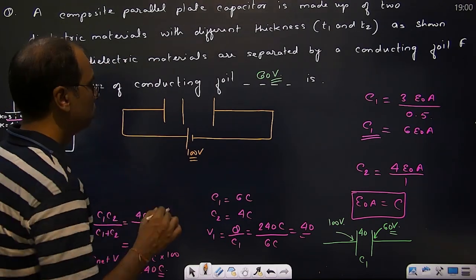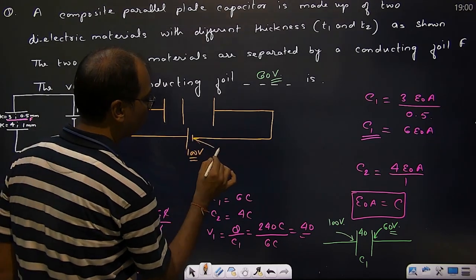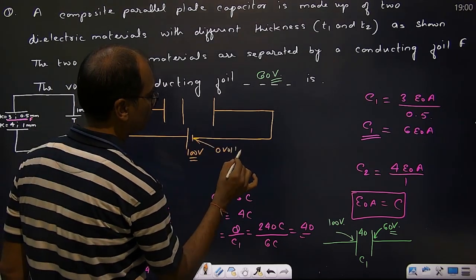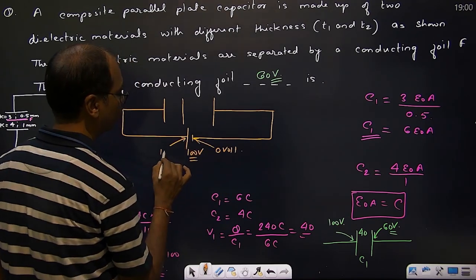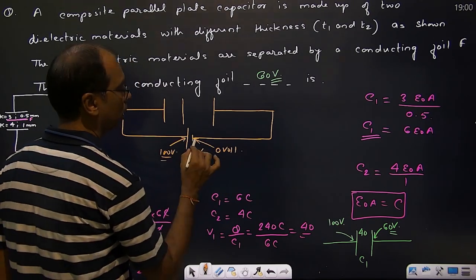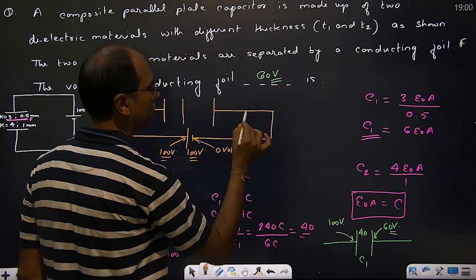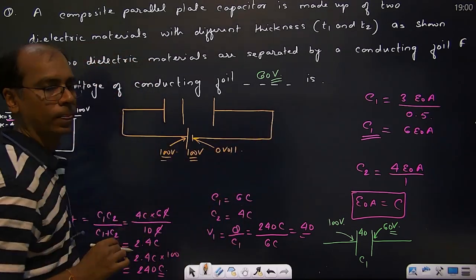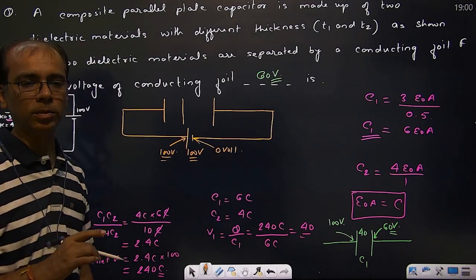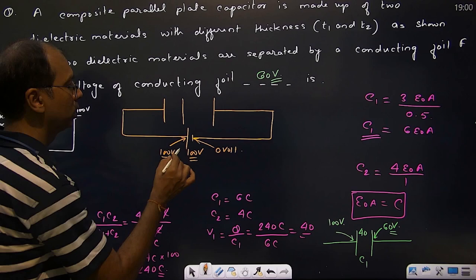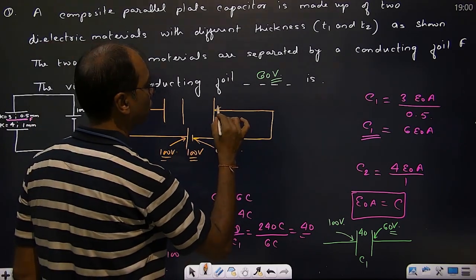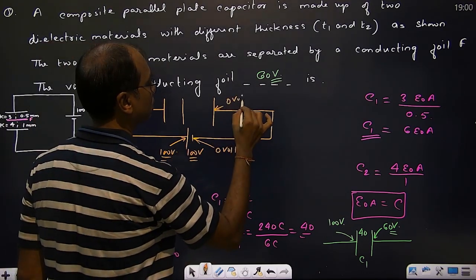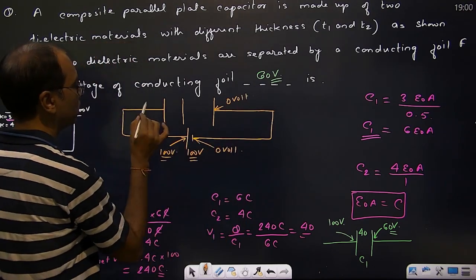Here we took 0 volt, so here automatically comes 100. This is connecting wires, so potential will remain the same in them. So here 0, here also 0 volt. Same way here is 100, so here is also 100.